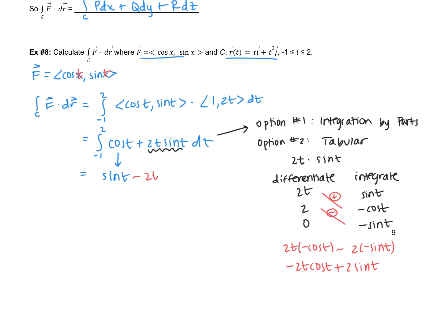So we have negative 2t cosine t, add 2 sine of t, and then all of this we're evaluating from -1 to 2. We've already integrated. That ends up being 3 sine of 2, add 3 sine of 1, subtract 4 cosine 2, subtract 2 cosine 1. So that is our answer, and if you wonder what that quantity is, it's about 5.84.